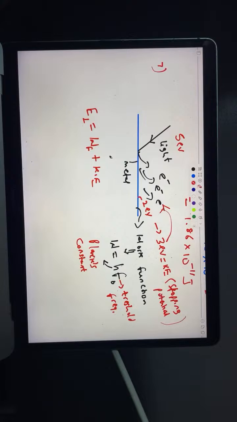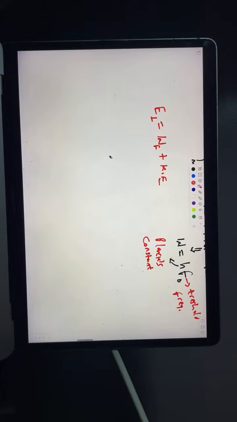The next question says, an electron is accelerated from rest through a potential difference of 70 kilovolts in a vacuum. Calculate the maximum speed required by the electron. So it's quite similar. In this case we have potential.